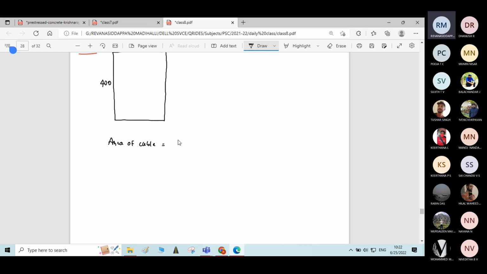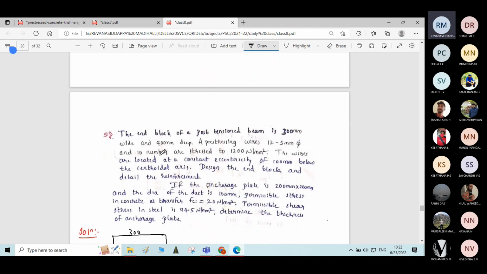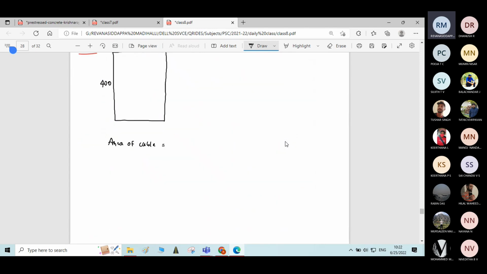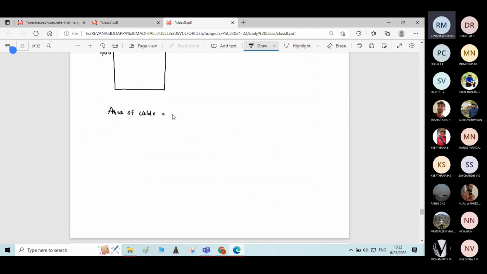is equal to, there are total 10 numbers. Okay, in each number there are 12 number of 5 mm diameter bars. Therefore 10 into 12 into 5 into 5 square by 4, which gives 2356.19 mm square.